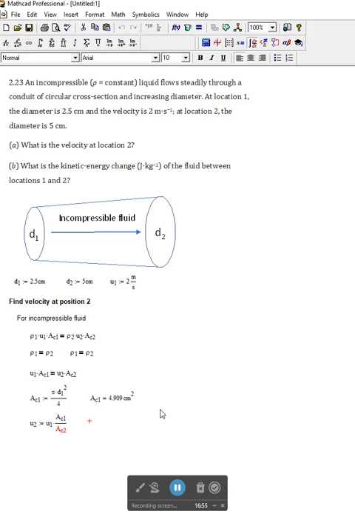I don't have to worry about how many square centimeters are in a square meter, and a lot of students make mistakes when they do those kinds of unit conversions. So I can let MathCad do all that stuff and keep things straight for me. So those are my units. What if I wanted these units to be square inches?